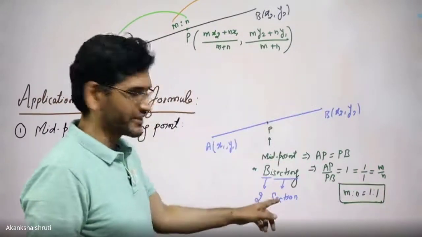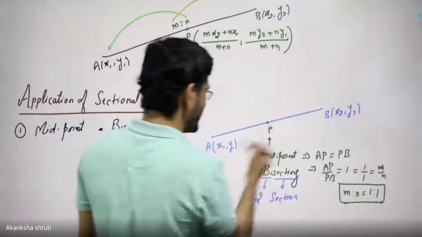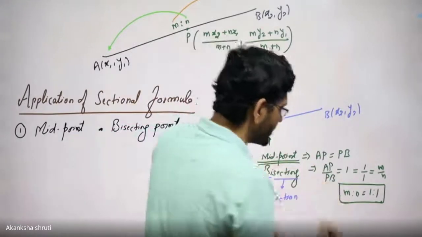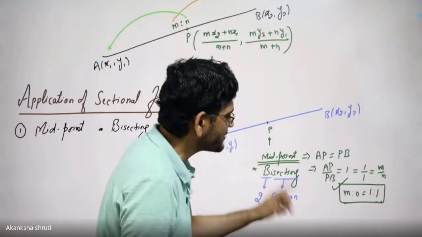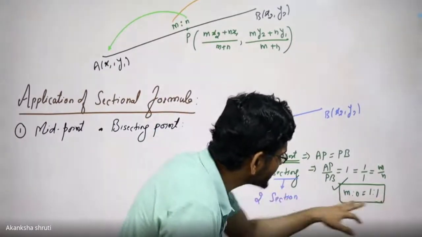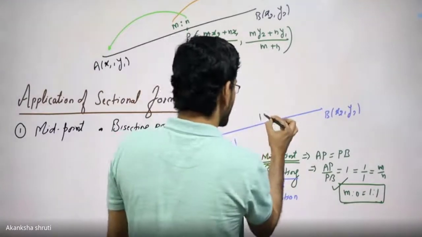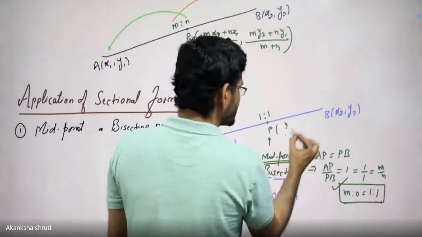Similarly, we will see trisecting. Knowing this ratio, if P is the midpoint or bisecting point, it means we know this ratio; the term bisecting or midpoint itself indicates that it is 1:1. So what is the coordinate of this point?